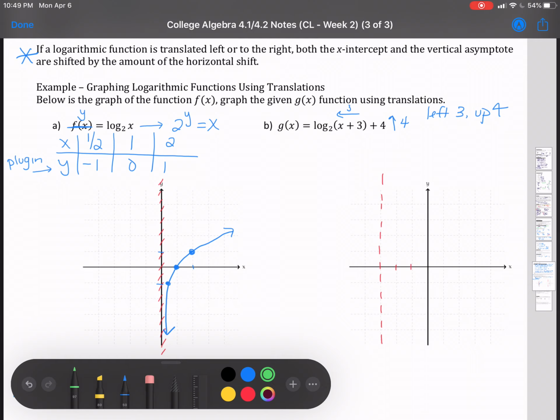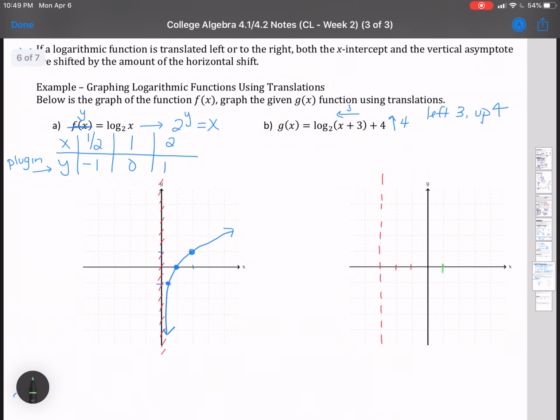And then we're going to move our points left 3 and up 4. I'm going to start with our x-intercept because that's the easiest. That started at 1, 0. We're going to go to the left 3 and up 4 and put that point. We had the ordered pair 2, 1, so I'm going to move that left 3 and up 4.